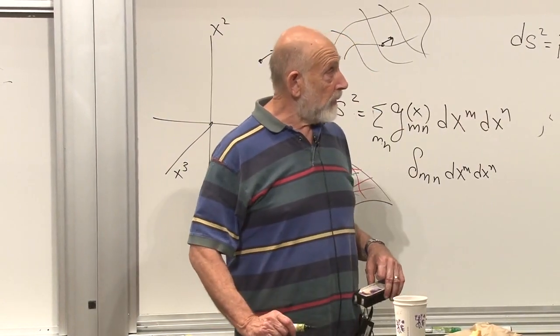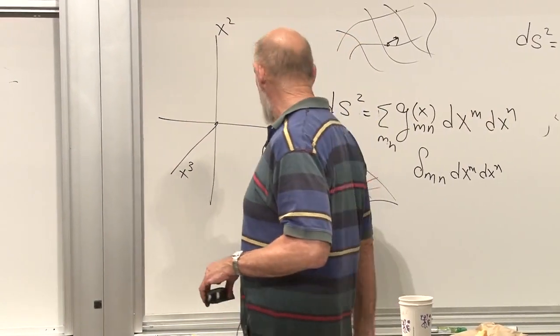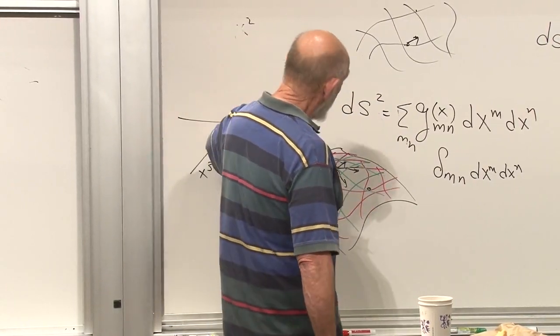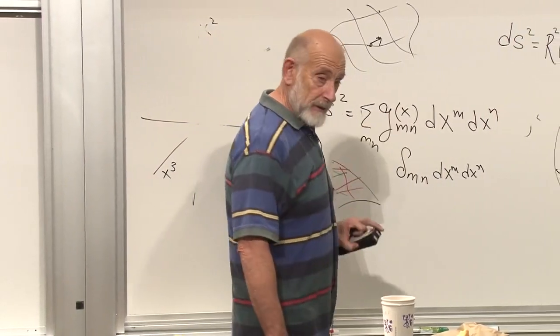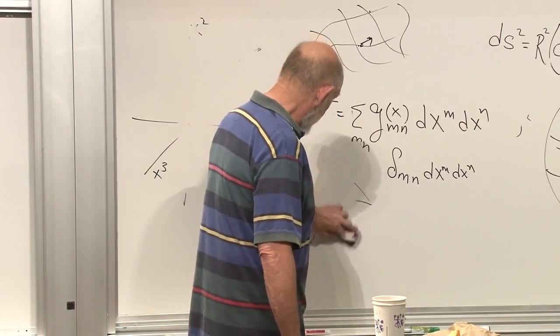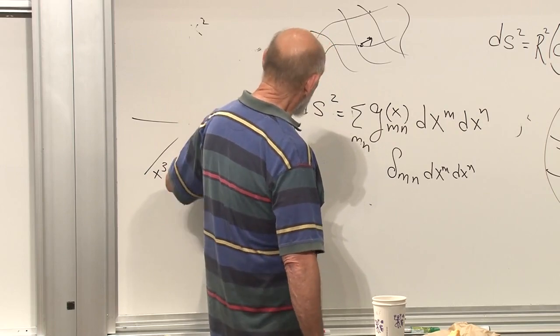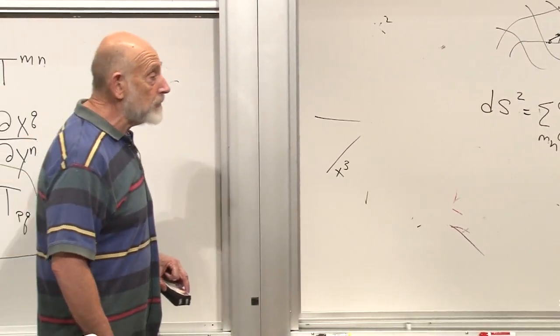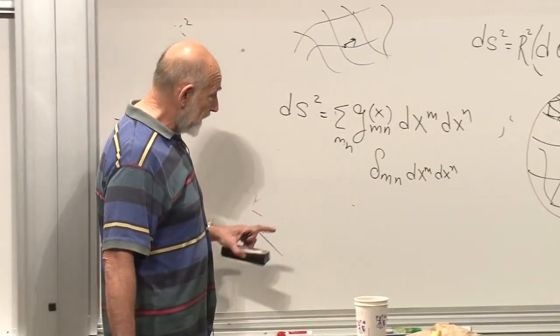But let's, oh, we're about finished. Well, I think I'll just do one more simple thing here before we finish. The question is how the metric tensor transforms. And this is easy. Supposing we want the same interval expressed in terms of the y coordinates.